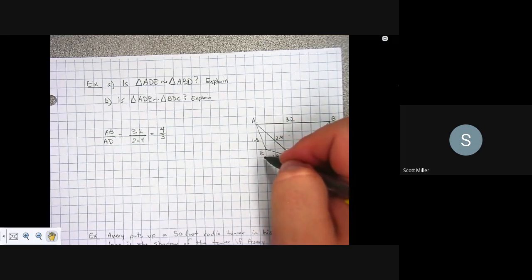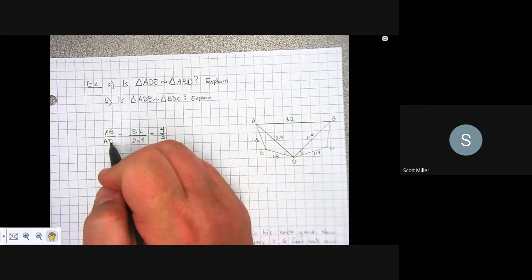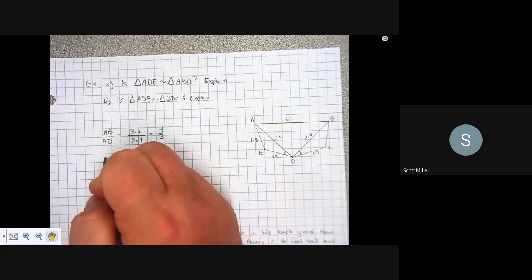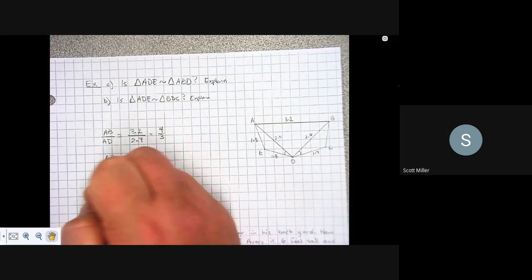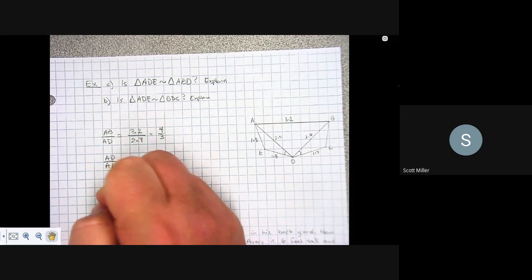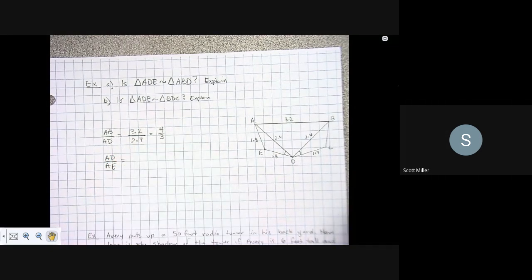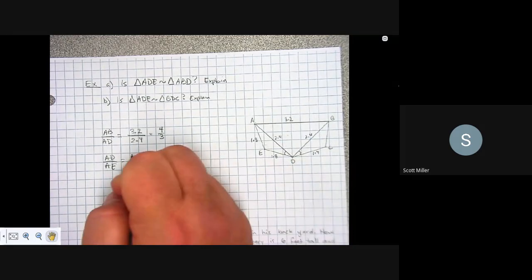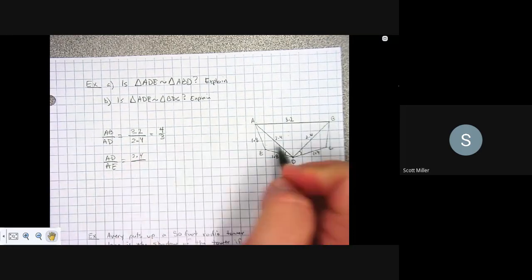Since I went AB to AD, I went from the big triangle to the little triangle, I need to go from the big triangle to the little triangle again. The big triangle AD, the little triangle AE. You have to do it in the same order to make sure you can compare the numbers. If you do it out of order, you could get a different number. AD is 2.4. AE is 1.8.